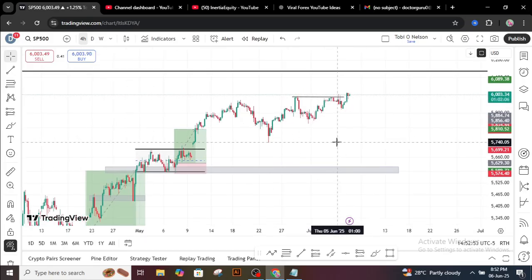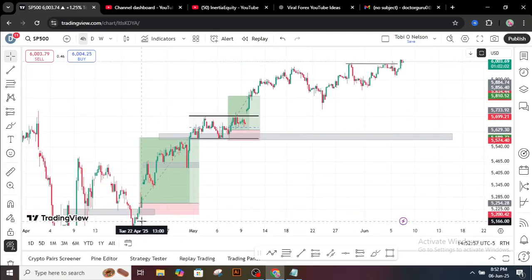Now, if you look at the chart, before we continue with the video, I want to say something quickly. Trading is very complex in the sense that it comprises a lot of things. There are so many things you need to master, like risk management, psychology, fundamental analysis, technical analysis, and even the fundamental and technical analysis are deeper than you think.